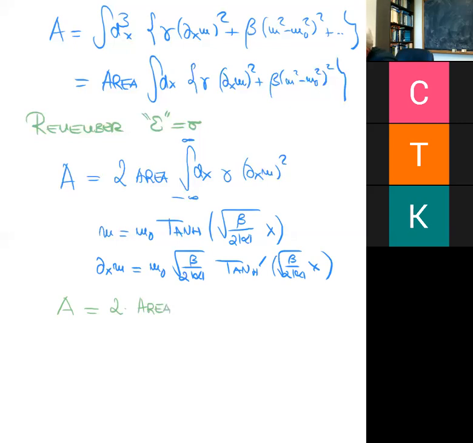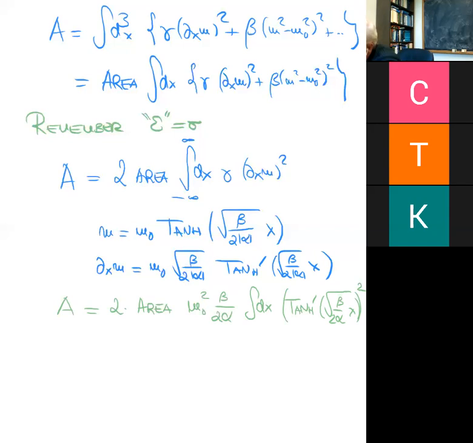You will have a factor m naught squared, a factor beta over 2 alpha, and then there's this integral that we have to compute of the derivative of tangent. Something like this, okay? What I'm trying to show here is that you can extract all the constants and just reduce it to some kind of integral that you have to do.